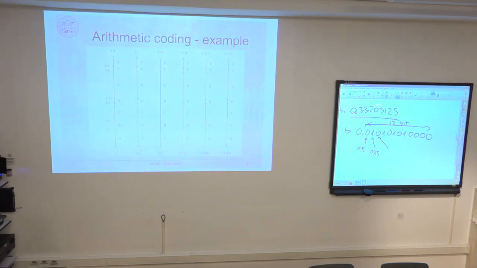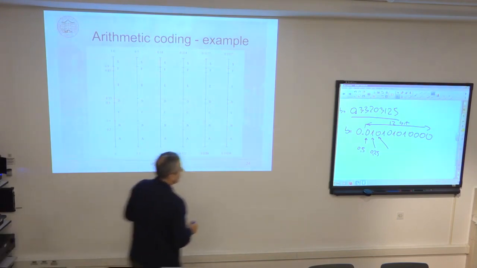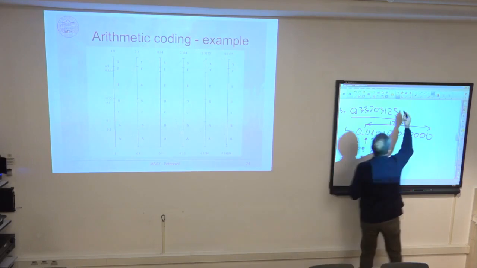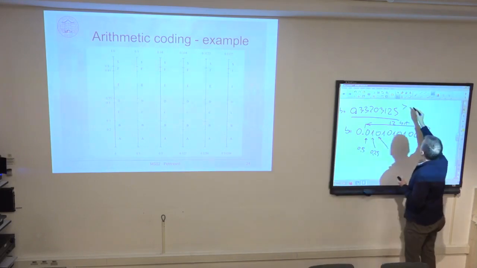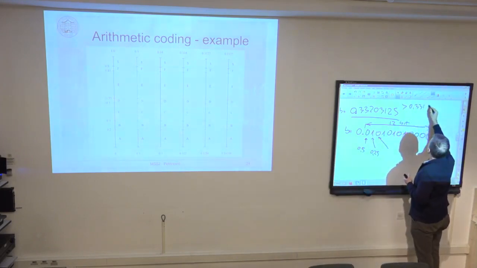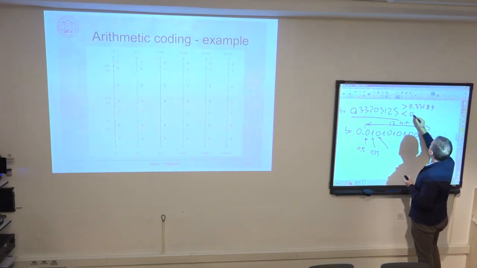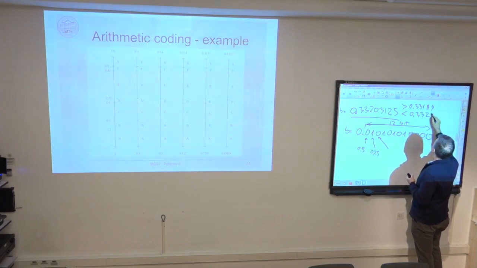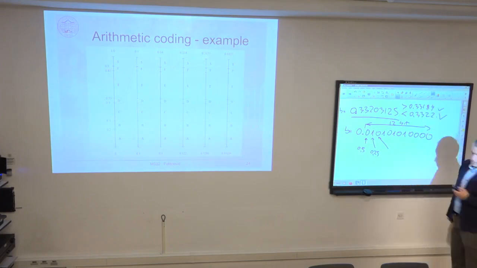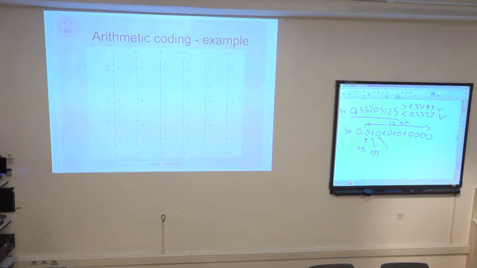It is 0.33203, so it is indeed in the range as required for the whole message. It must be greater than 0.33184 and less than 0.3322. That's valid, that's checked.